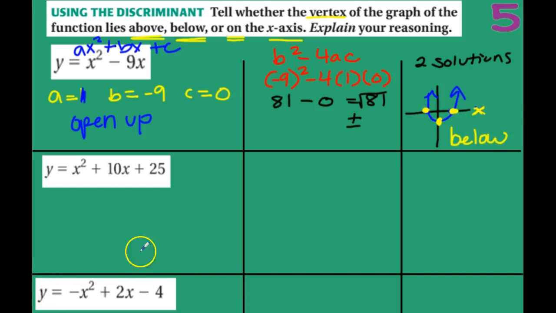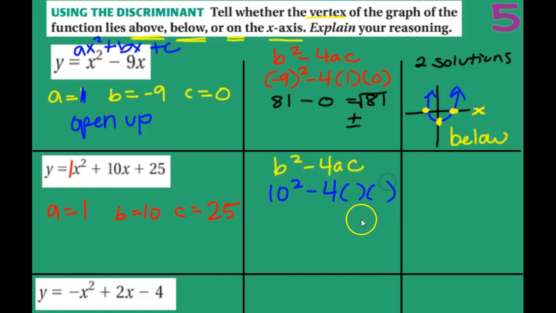All right, let's go on to the middle one, identifying A, B, and C first. A out front, there's no number, so it's just 1x squared. B is in the middle, 10, and C is 25. So let's interpret the discriminant underneath our square root. So first, b squared, b is 10, so we have 10 squared, minus 4 times a times c.